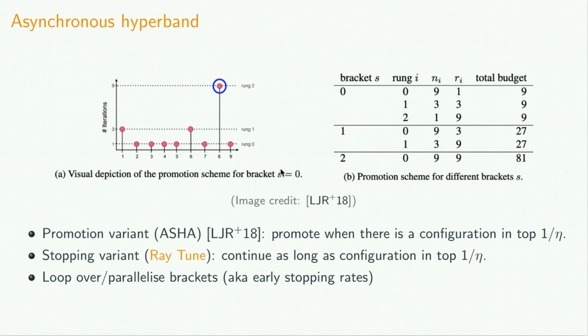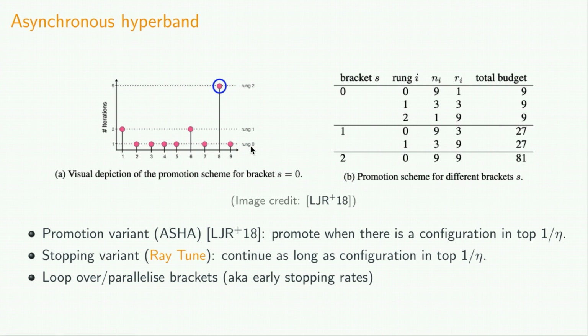So if you think about Hyperband, we could imagine an asynchronous variant of Hyperband, where instead of waiting for all candidates to reach a certain rung, a certain consumption of resources, we might want to make an early decision on which to continue or to promote.